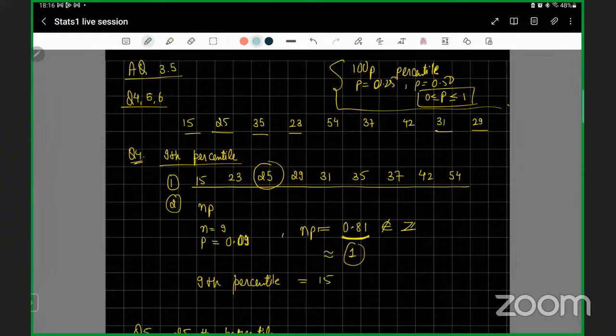And if I'm interested in the 75th percentile, then p should be 0.75. Okay, ma'am. Yes, ma'am. Thank you.